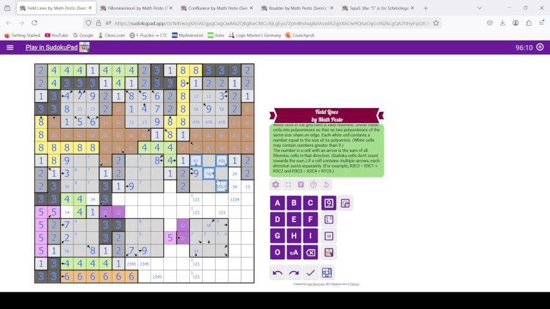Yeah. If I can get rid of 8 here, this is a 1. 3. No, I can't get rid of 8s.